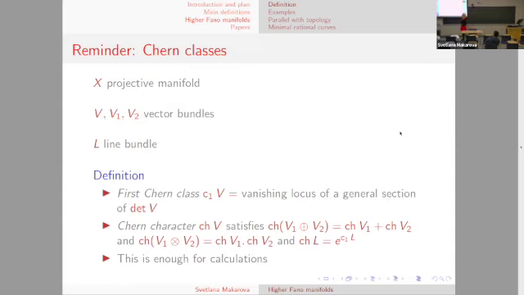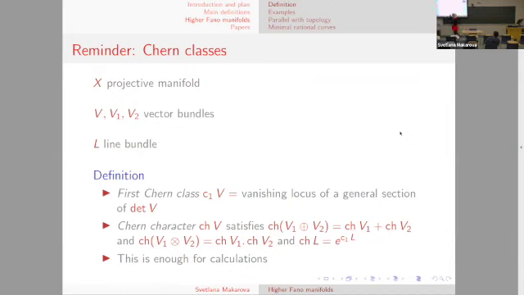Again, if X is a projective manifold and we pick a vector bundle V, its first Chern class is defined as the vanishing locus of a general section of the determinant of V. So we take the determinant of this vector bundle, we take some section, and we take the zero set of this section.